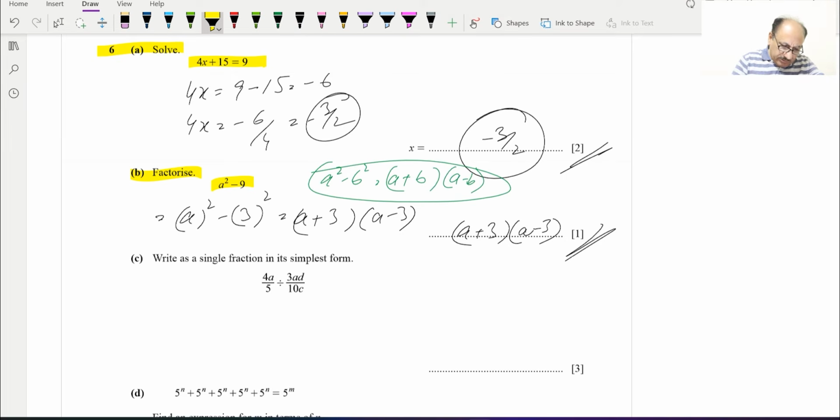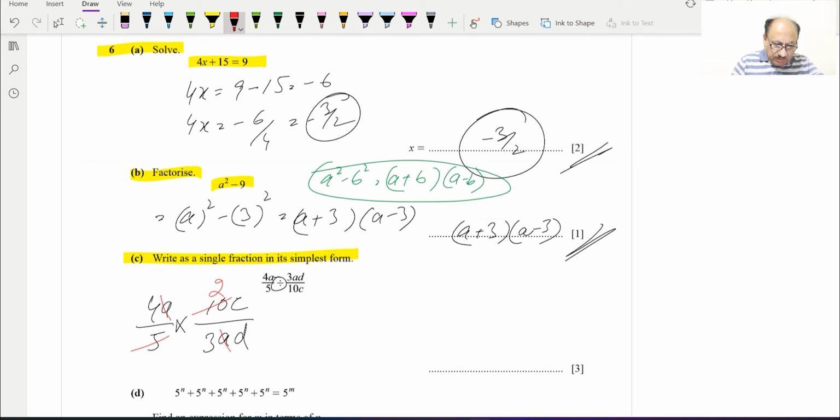And next part, C, is write as a single fraction in simplest form. We can write that as 4a over 5, and this division sign we can change into multiplication, and we have to write the reciprocal 10c over 3ad. Now cancellations, a can be cancelled with a, and 5 can be cancelled with this 10 and 2.